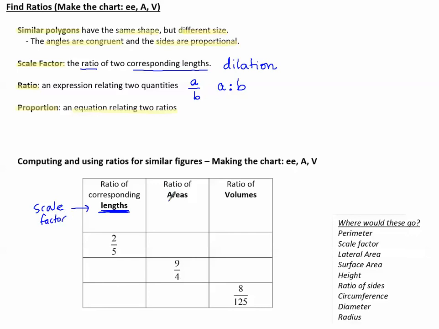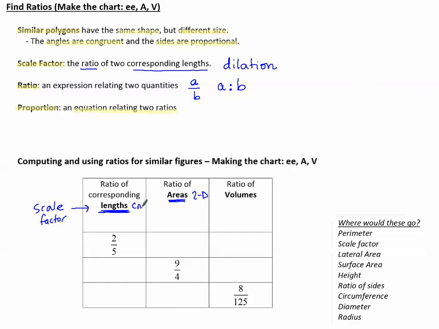Recall that area is 2 dimensions. So when we think of going from the scale factor, or the ratio of corresponding lengths, to a ratio of areas, we want to remember that we always square to get areas, like centimeters squared, right?